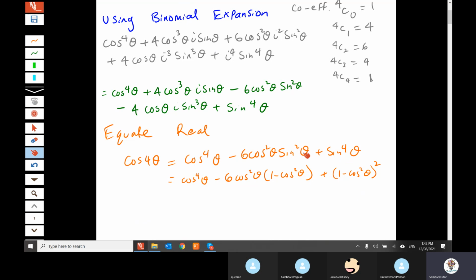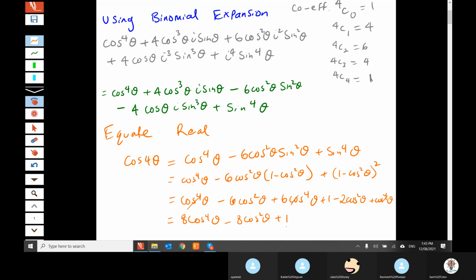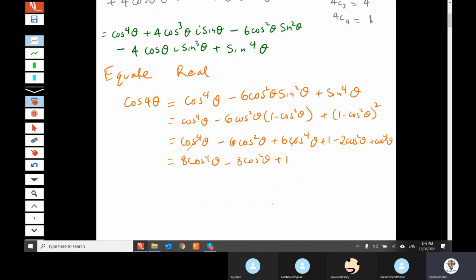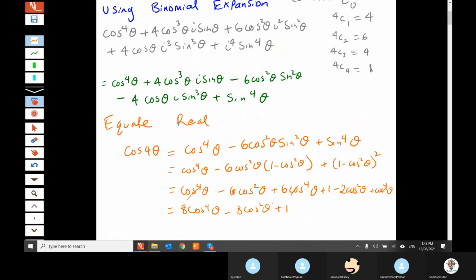Sine to the 4 is sine squared, which is 1 minus cos squared, squared. Just ask me if there's any questions while I expand this. Eight cos to the 4 minus 8 cos squared plus 1. Yep, done. All right.